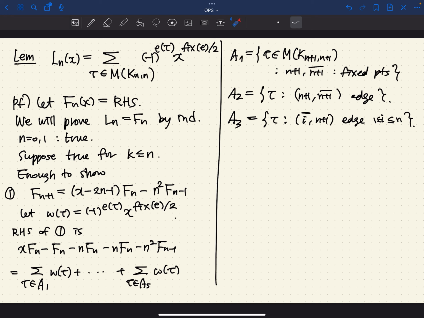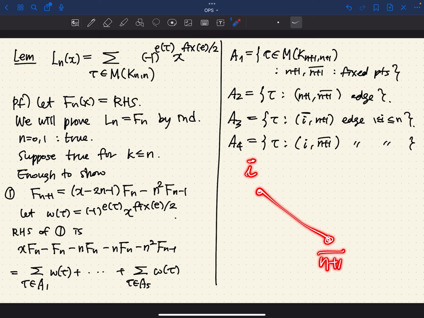So exactly the same thing. That gives us this, and in the same way we do the opposite. This is an edge for i. That means this n plus 1 bar is connected to something, i, right?